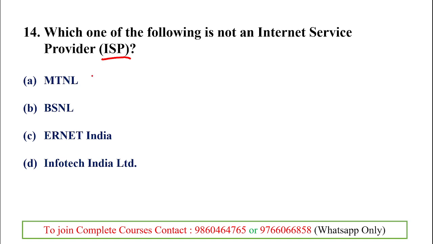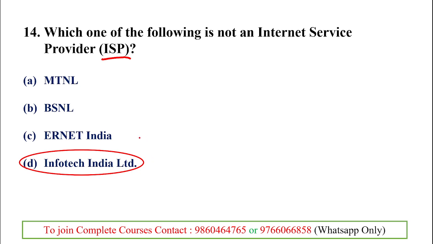The ISP has equipment and telecommunication lines through which access is provided, with a point of presence on the internet for the geographic area served. So the internet service provider makes a connection between individuals and organizations and the internet. Here we can see MTNL, BSNL, Airtel India. These are all related to ISP. But Infotech India is not related to ISP.